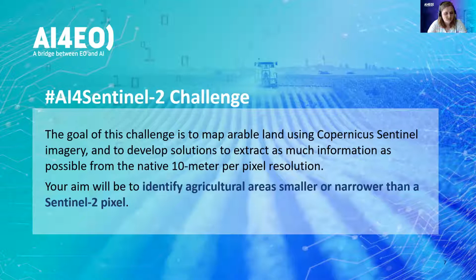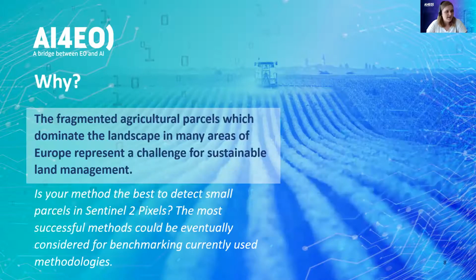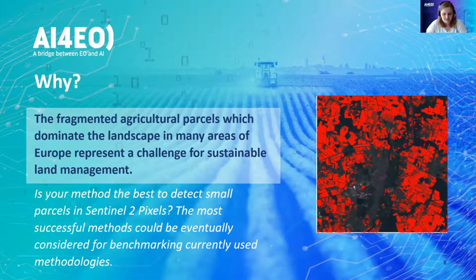So what is this challenge about? The goal of the AI4Sentinel2 challenge is to map arable land using Copernicus Sentinel-2 data, and to specifically extract features at a resolution smaller than the native 10 meter pixel resolution. And why is that useful for us to really find a solution to?